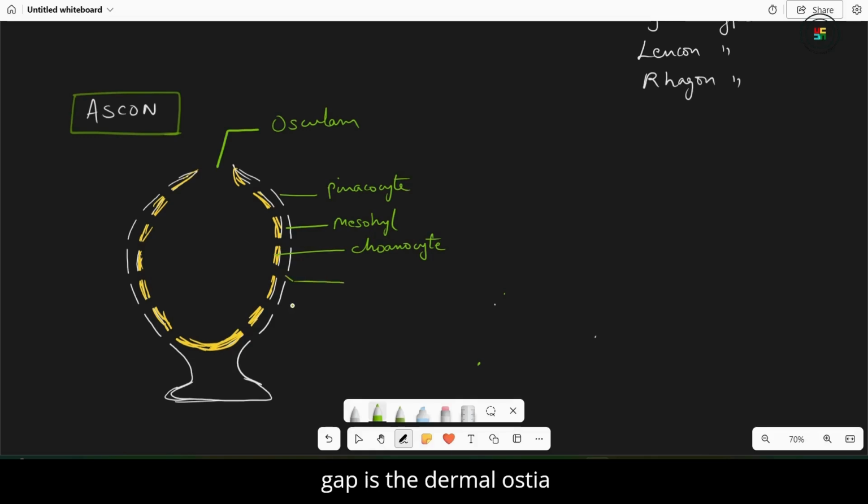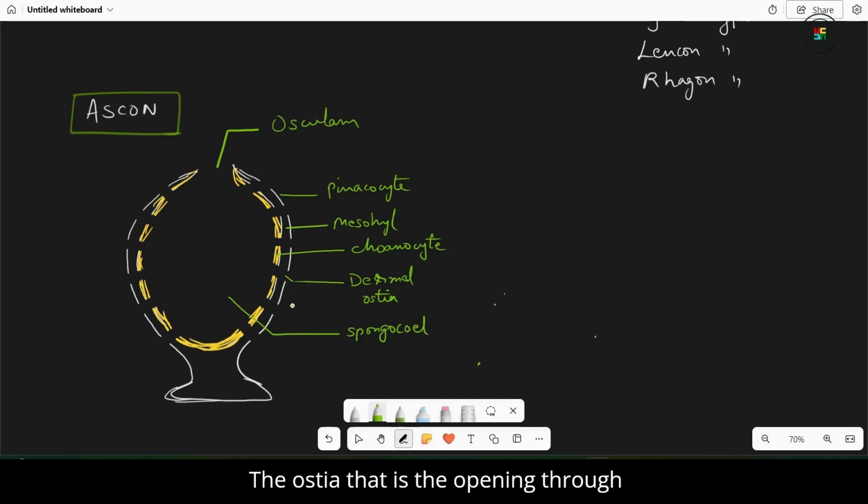This gap is the dermal ostia through which water enters. And this, as we have seen, is the spongocoel. The ostia, that is the opening through which water enters, is through these porocytes. Okay, this is incurrent.